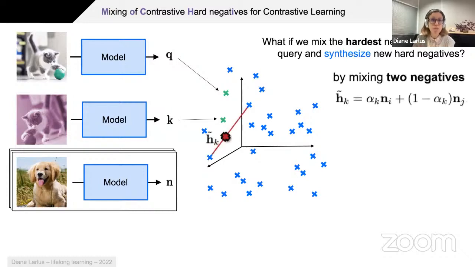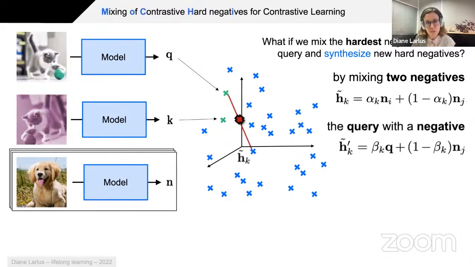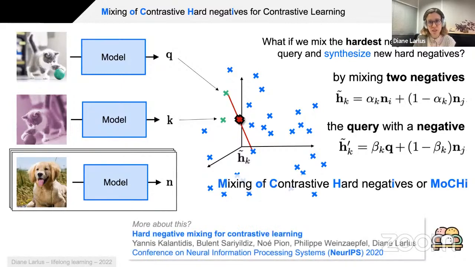You can do that by mixing two negative samples, or you can even obtain this by directly mixing the query with a negative. We've called this technique mixing of contrastive hard negatives, or MOCHI in short. And this leads to models that train better and, more importantly, faster than those that would not use these synthetic examples.